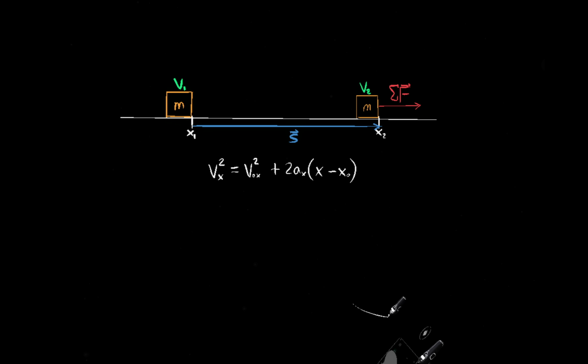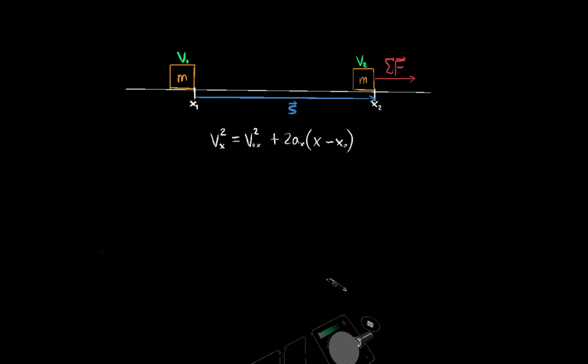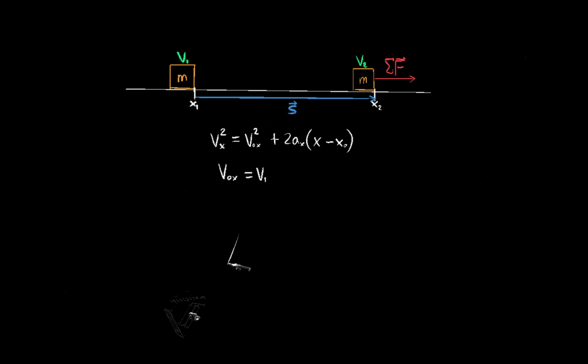But we're going to do some substitutions. So we're going to call v naught x v1, right? Because that's basically what it is anyway. So v naught x, we're going to call v1. Vx, we're going to call v2.